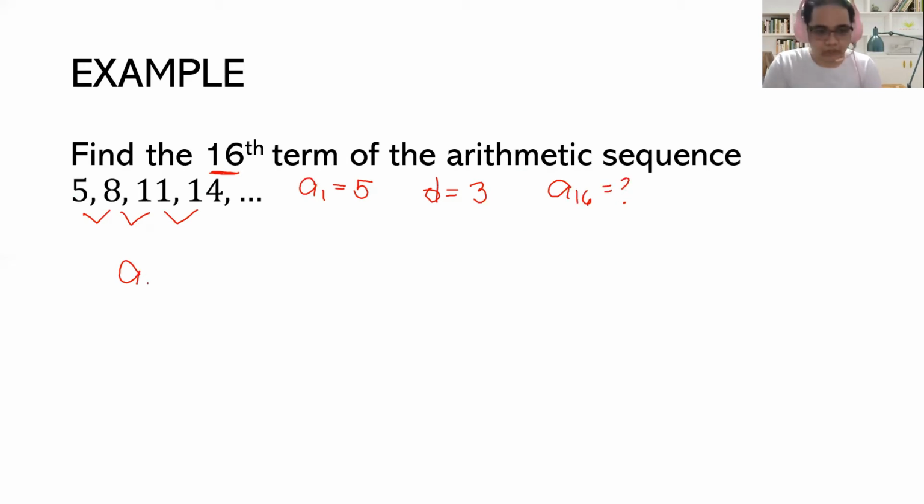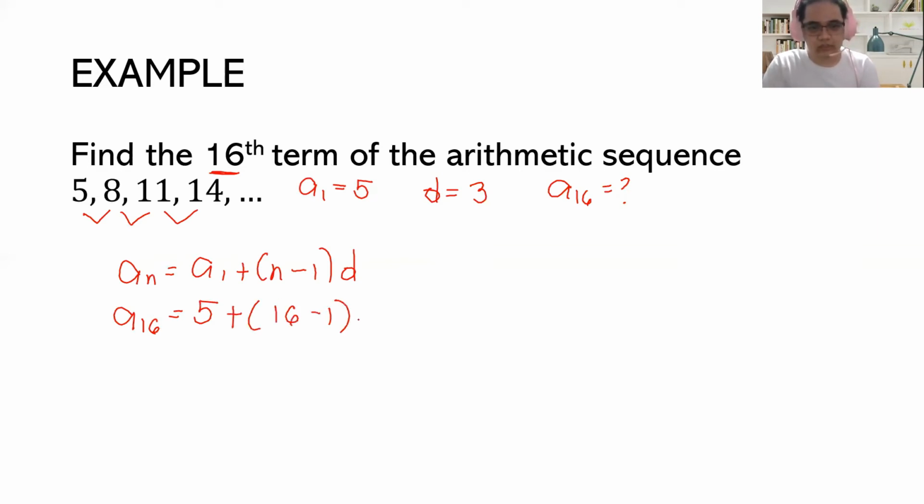So, using the formula, A sub n equals A sub 1 plus n minus 1 times d. So, we have A sub 16 equals our A sub 1 is 5 plus our n is 16, 16 minus 1 times the common difference which is 3. So pag sinimplify natin yan, meron tayong 5 plus, pag minusin nyo muna, 16 minus 1, that will be 15.